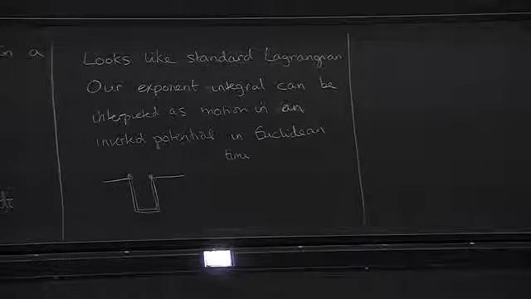So of course, we've already seen this idea of looking at Euclidean actions. We saw that when we looked at black hole thermodynamics. We had a partition function that was an exponential of a Euclidean action. We had that dominated by saddle points, so we were looking for classical gravitational solutions.